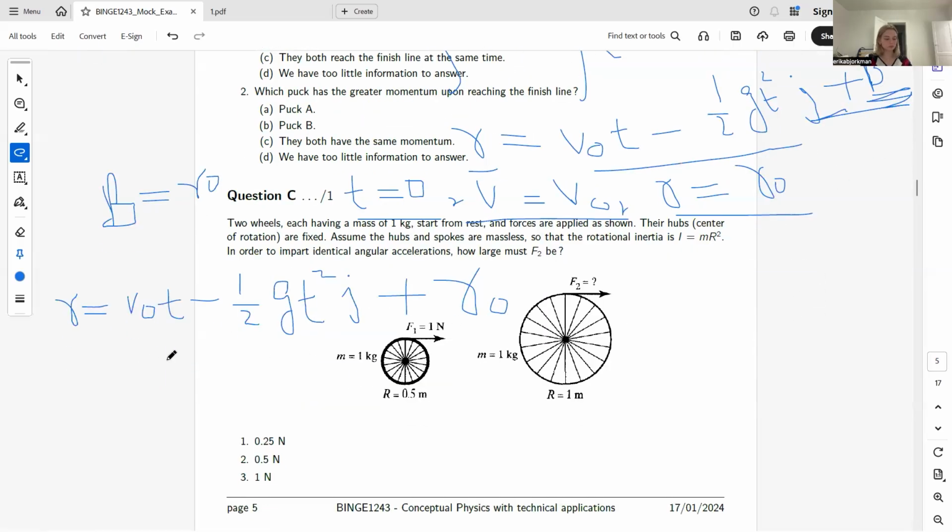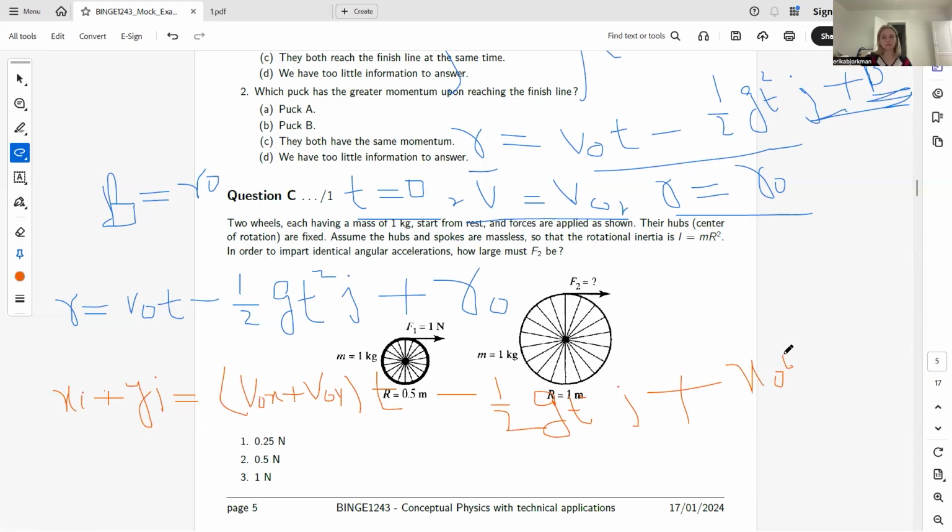And now we need to write it in its component form. As the motion is two-dimensional, we will have two components, xi plus yj is equal to v naught x plus v naught y into t minus half gt square j plus r naught, which will have two components, x naught i plus y naught j.